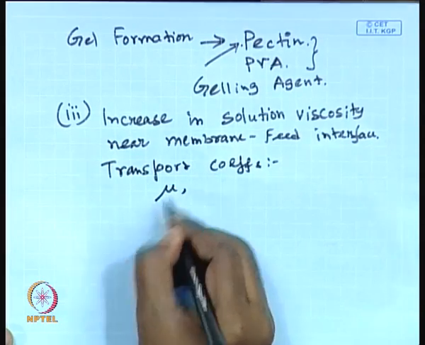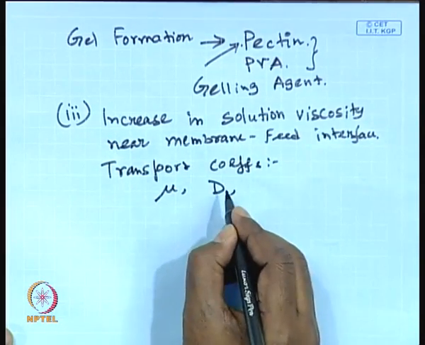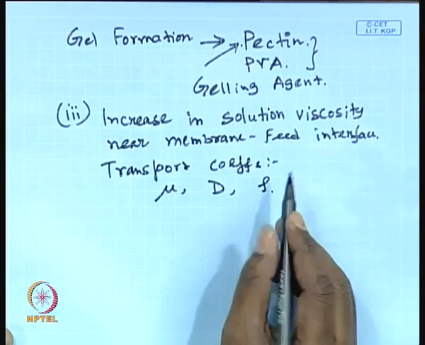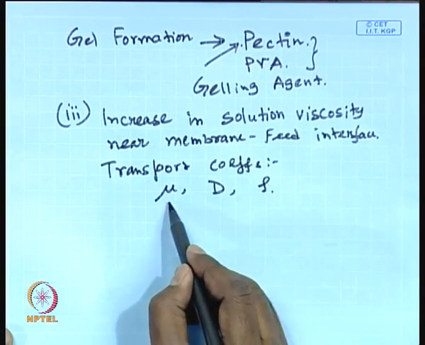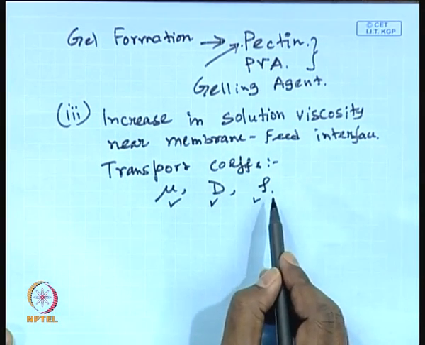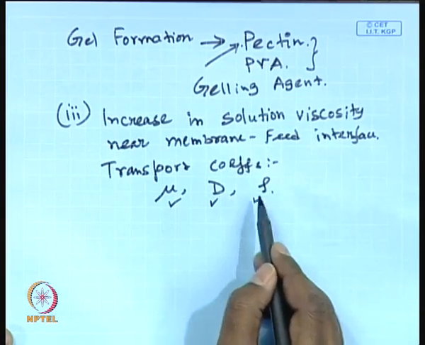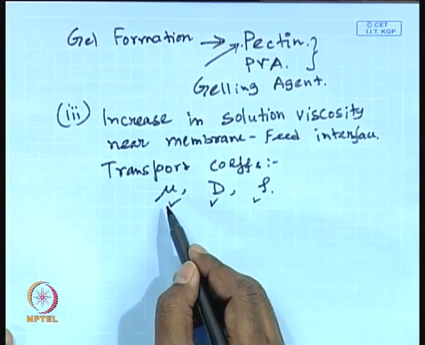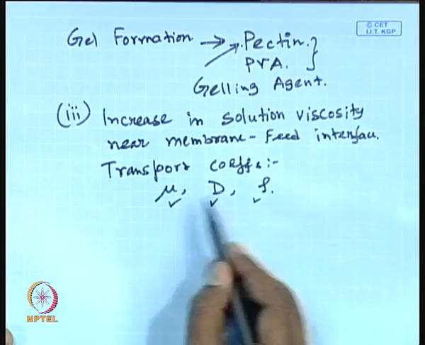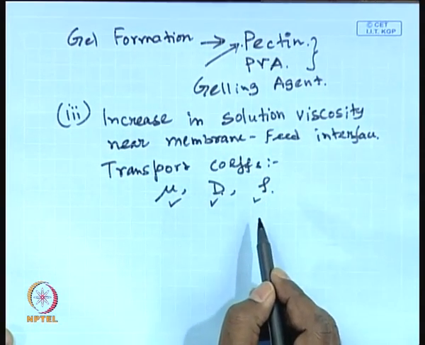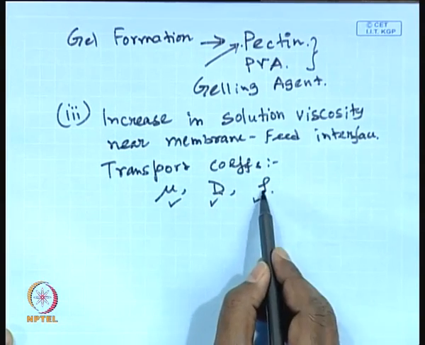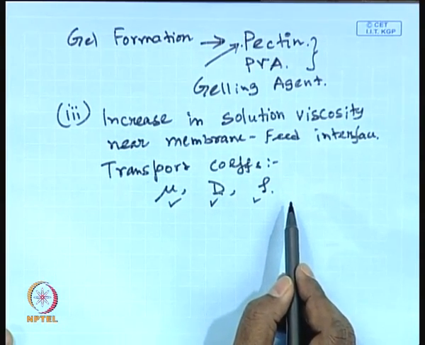One is viscosity, another is diffusivity, another is density. Now, we know that viscosity, diffusivity and density are all functions of concentration. Out of these three, viscosity is the strongest function of concentration, and diffusivity and density are weaker functions, because between diffusivity and density, density is the weakest function of concentration.